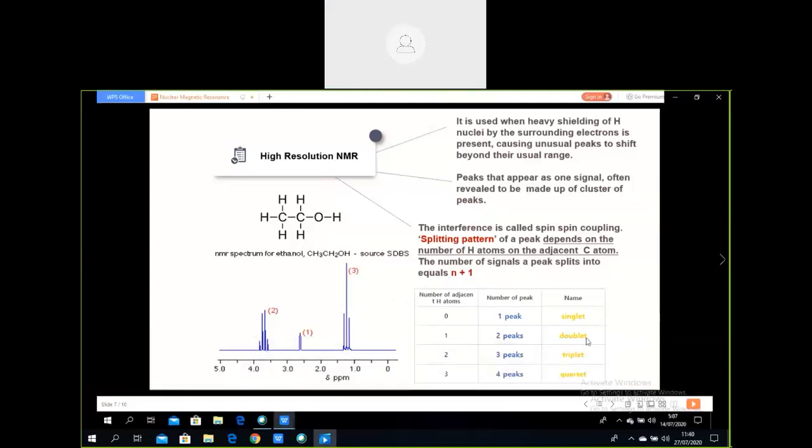If there are two hydrogen atoms on the adjacent carbon, it splits into three peaks, which is called a triplet. And if there are three hydrogen atoms on the adjacent carbon, then it is called a quartet.